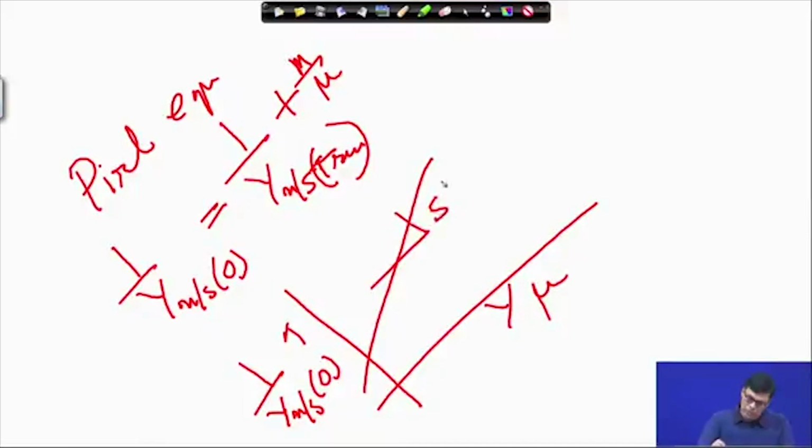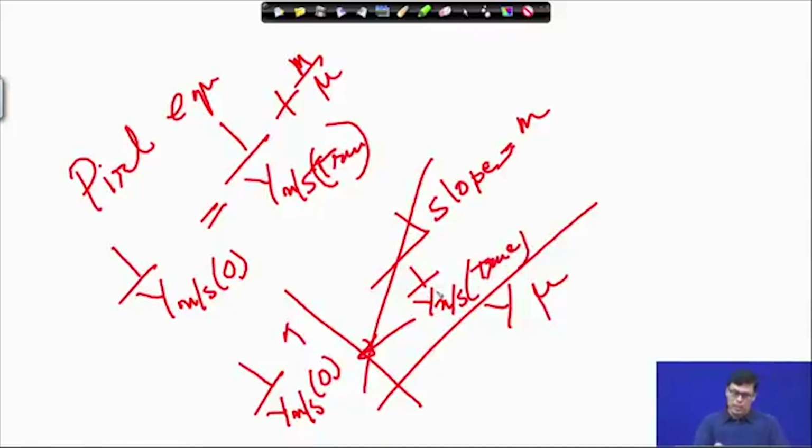The slope will give you the value of m, and the intercept will give you the value of Y X by S true. The true growth yield you can easily find. Sometimes we consider it as Y X by S dash. This is the true growth yield. So we can find these values.